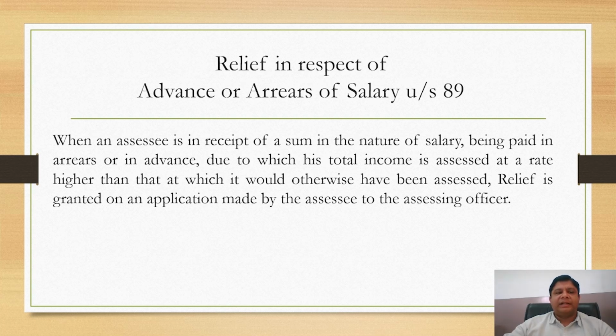So basically, if any kind of advance or arrear of salary is given to an employee by the employer, in such case, relief is granted to the assessee by the assessing officer.